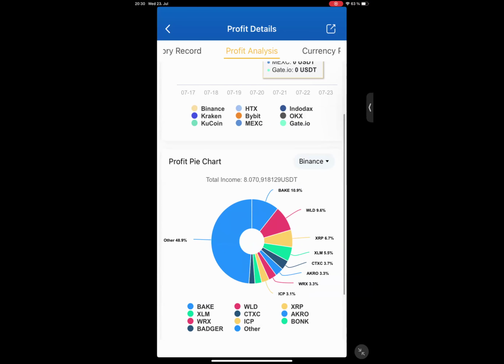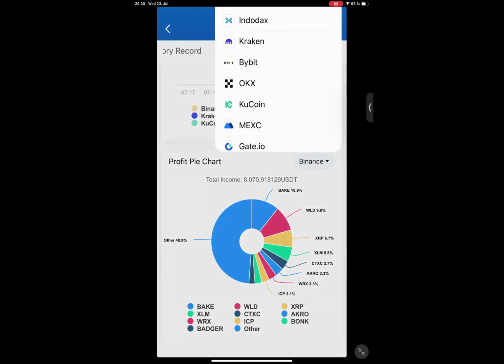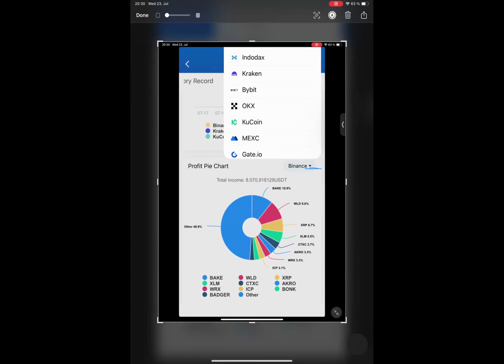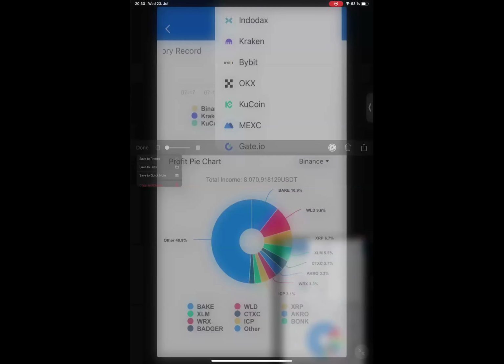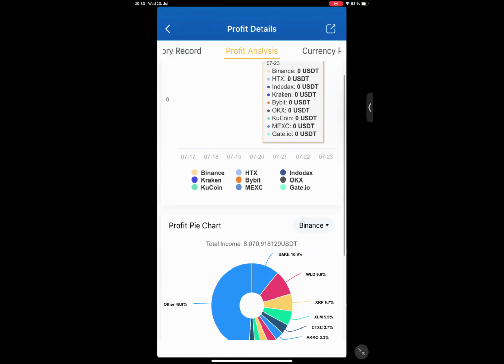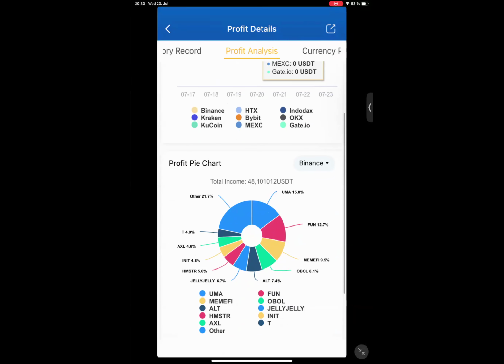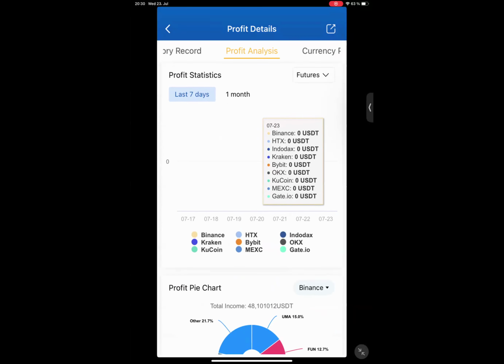If you are not trading with Binance, you tap on the drop down arrow, which brings out the rest of the exchanges. Then you select the appropriate one you are using. If it's futures, you tap on futures and you get the result for futures.